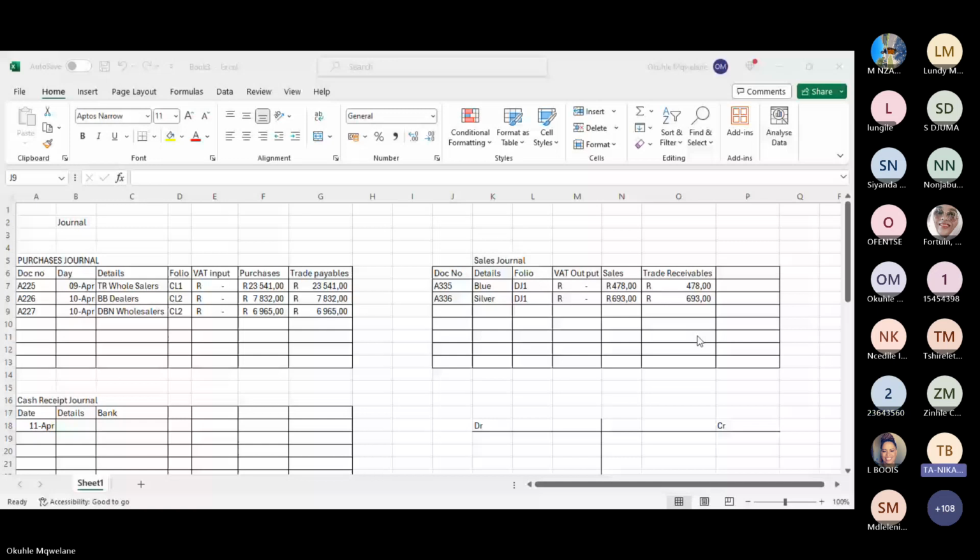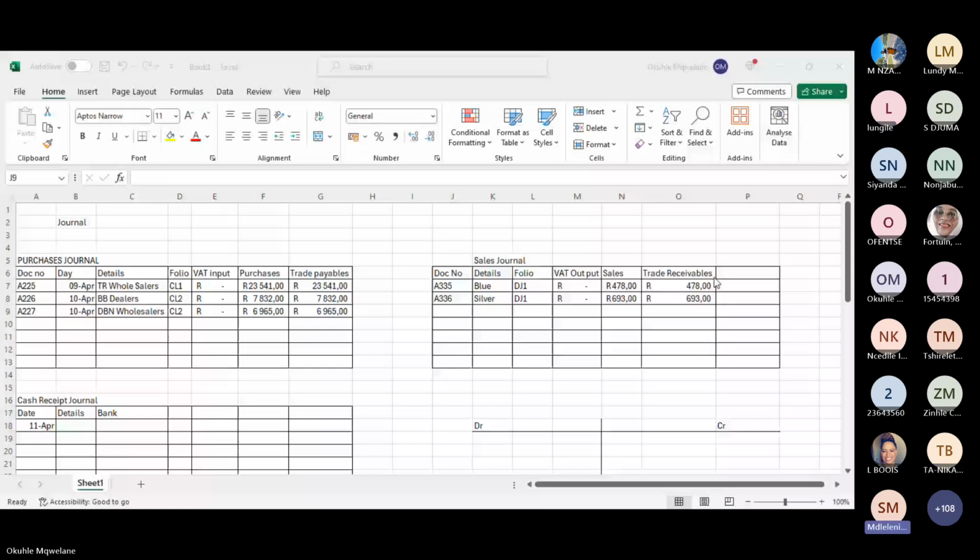Did everybody get their transaction, or should I read it again? I think you can try and read it again. Sell goods on credit to the following people. Green, 324 rand, and to red, at 300 rand.